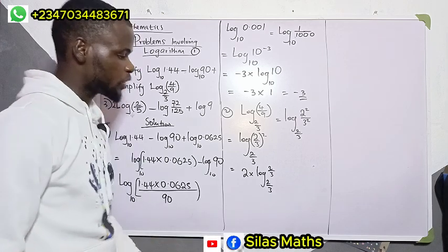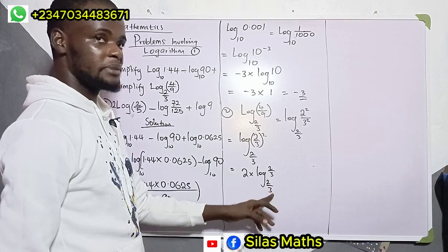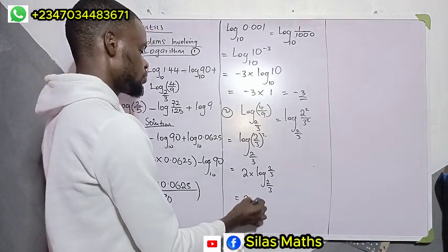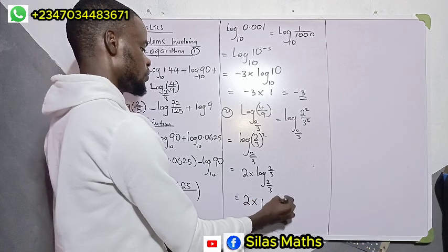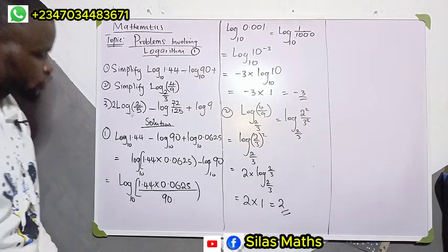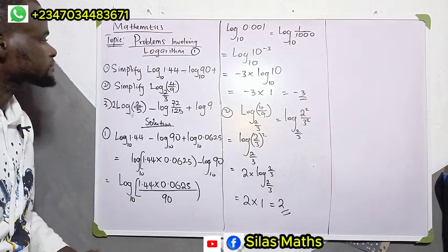Yes, so at this point, what do we do? The log and the base are the same, so that will give us equal to 1. So this will give us 2 times 1, which is equal to 2. Yes, my answer is 2 for this one.